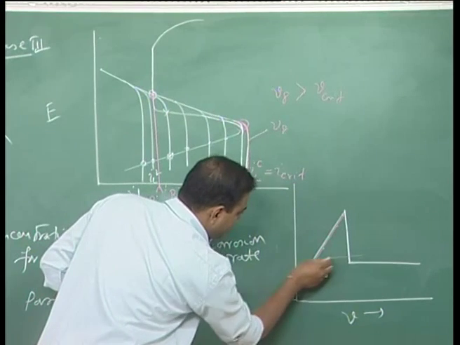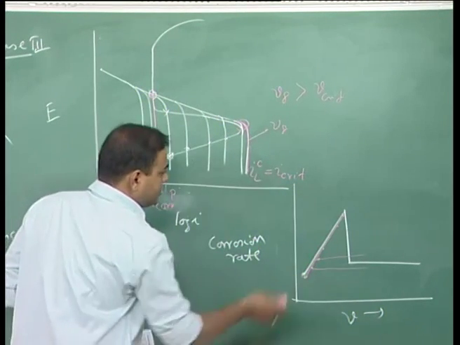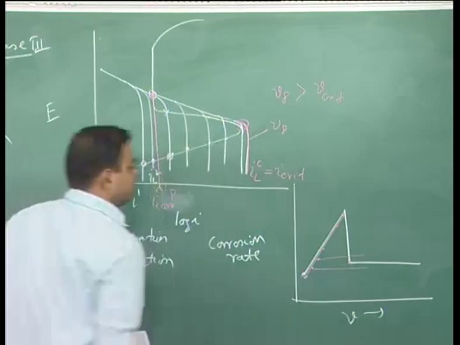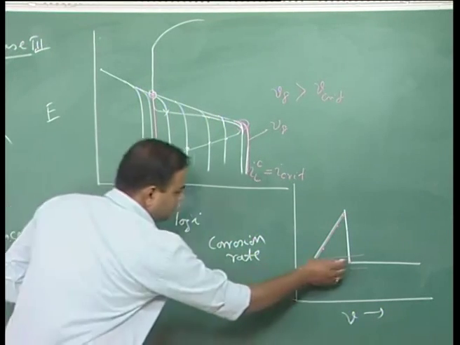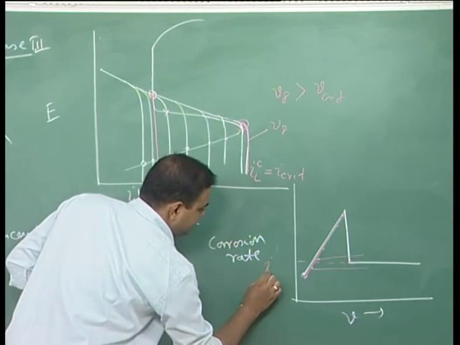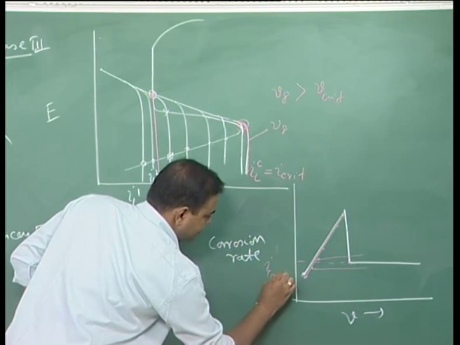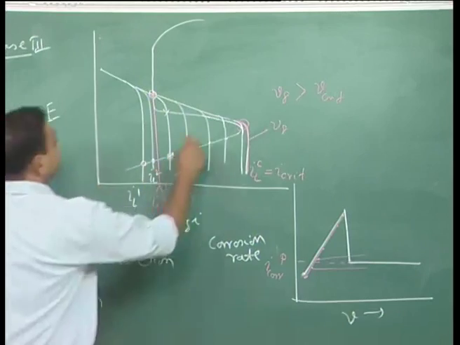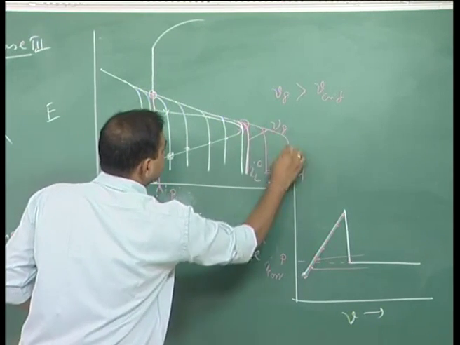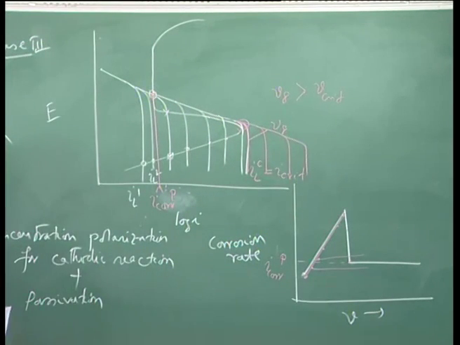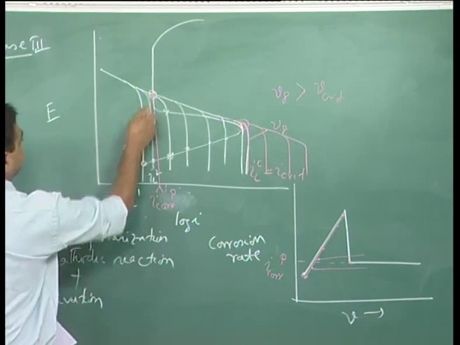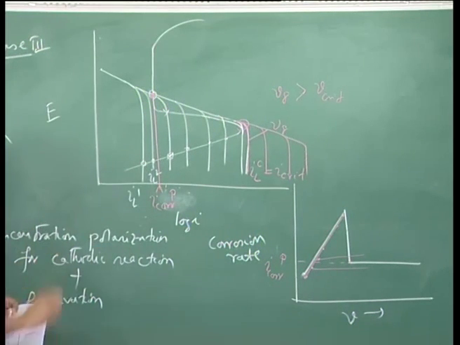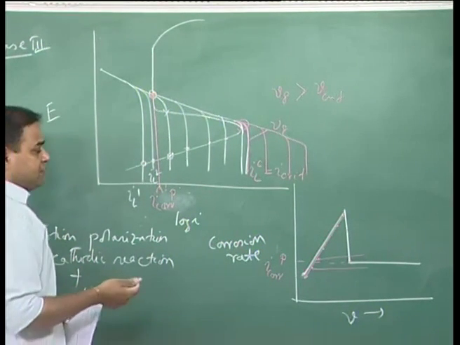This is my third point and this is my second point. So, it will immediately drop to this point, and this point corresponds to I corr passive. After that, if you keep increasing the velocity, what will happen? This will always cut at this point, so my corrosion current will always remain constant.